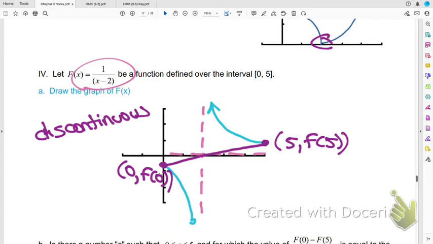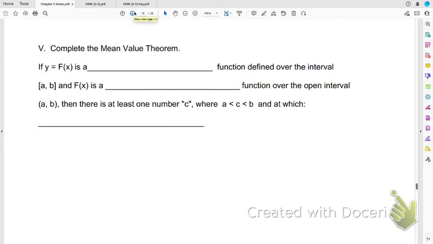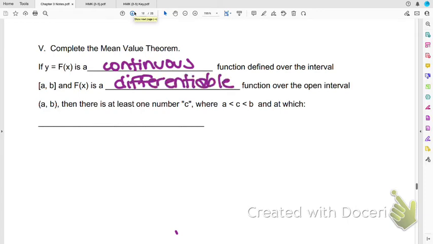The mean value theorem says if y equals f of x is a continuous function defined over the interval a to b, and f of x is a differentiable function, in other words, we can take the derivative on that interval, then there is at least one place, c, at which our instantaneous rate of change is equal to the average rate of change connecting those endpoints.